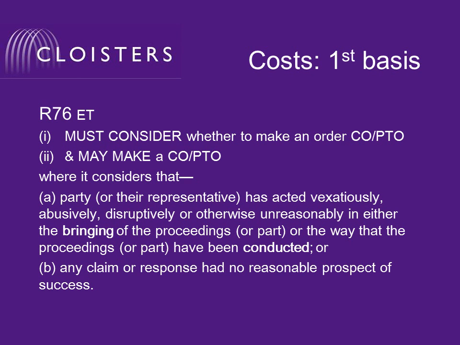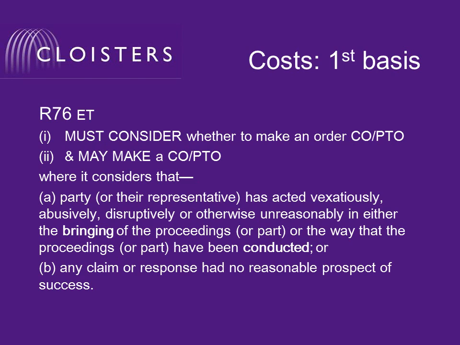There are several bases on which costs can be ordered. By Rule 76, a tribunal must consider whether to make a costs order or preparation time order, and may make a costs order or preparation time order if it considers that the party or their representative has acted vexatiously, abusively, disruptively, or otherwise unreasonably in either the bringing of the proceedings, or part of them, or the way that the proceedings or part of them have been conducted.